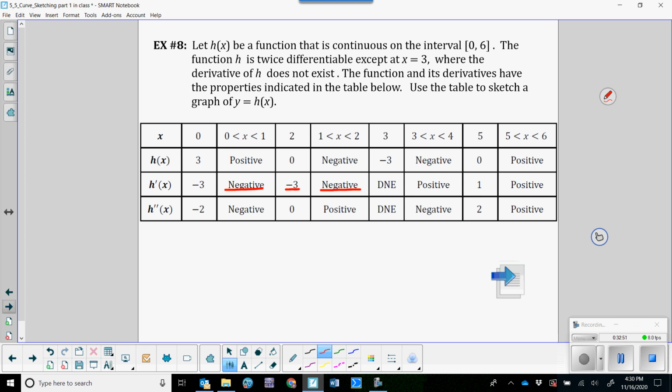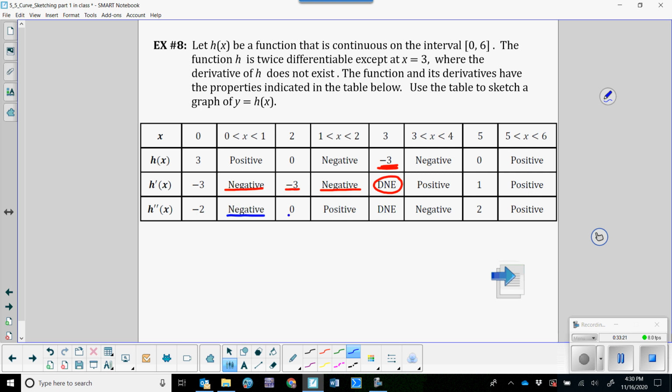And then at 3, I suddenly have a first derivative that does not exist. But at 3, I definitely have a point for h of x, which means I have to have a cusp or something going on there. So let's figure it out. From 0 to 1, h double prime is negative, which means I'm concave down.